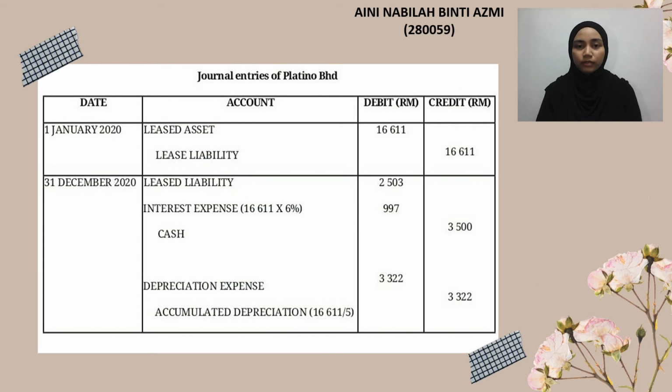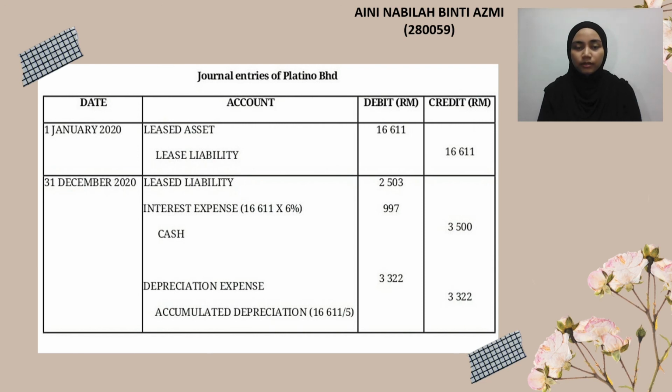And the next one was for 31 December 2020, where debit lease liability and interest expense and credit cash. I calculate the interest expense by using the total of lease, which is 16,611, multiplied by 6%.